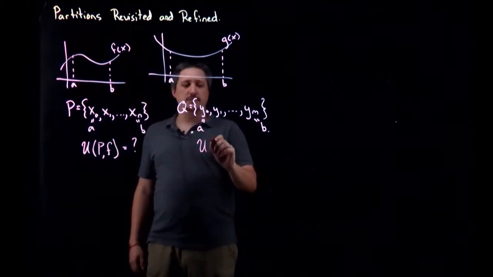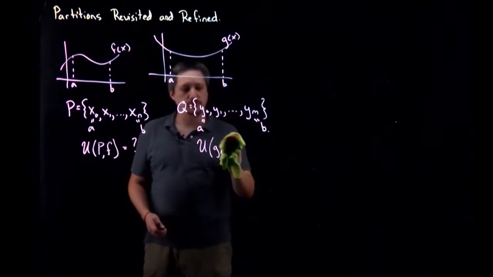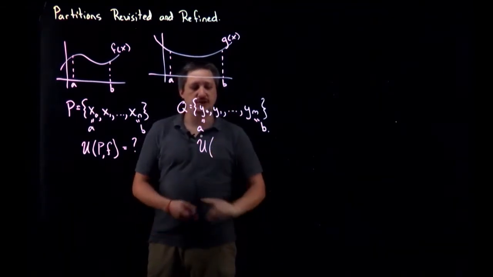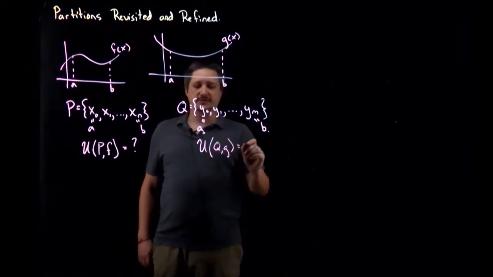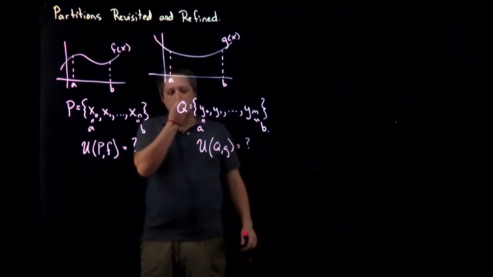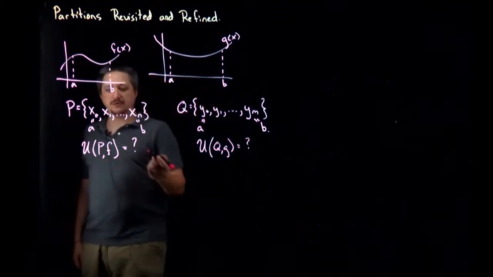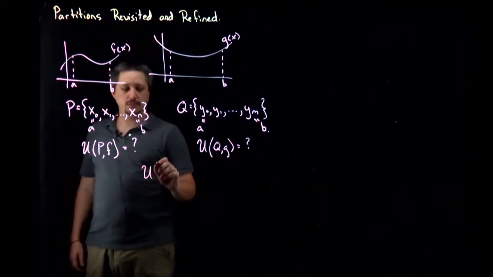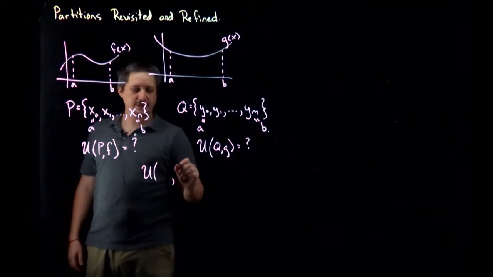And I have some upper sum with regards to q and g. And this is some other thing. So one thing we might want to ask about is, do we know anything about, say, the upper sum of, I'm going to deliberately not put something here, f, let's say f plus g.